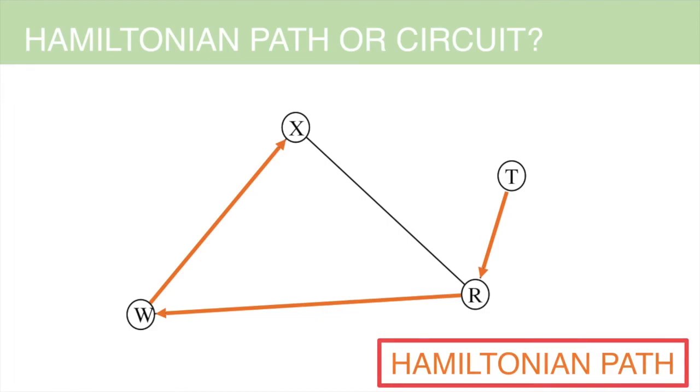Even if we start at vertex W, then to X, X to R and R to T, we can't go back to W. Or if we start with T to R, R to W, W to X, we can go from X to T. So this graph does not show a Hamiltonian circuit, but a Hamiltonian path.